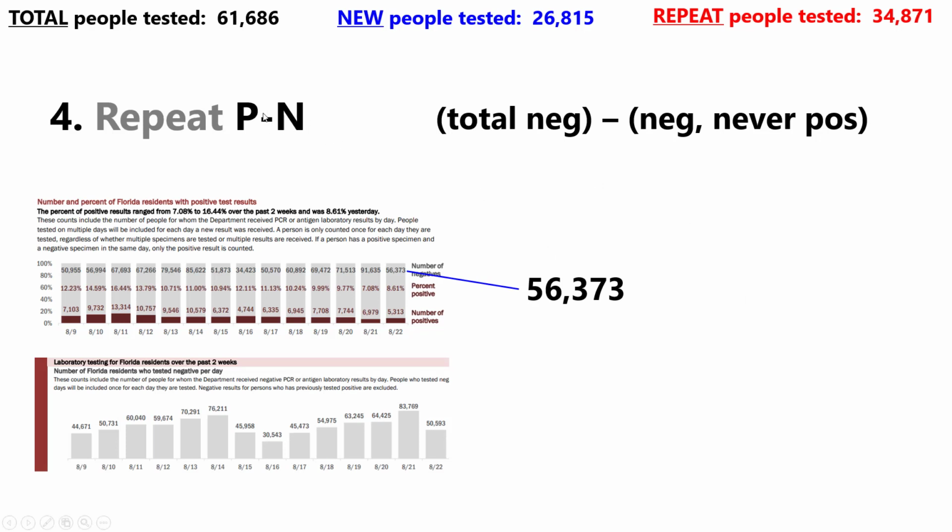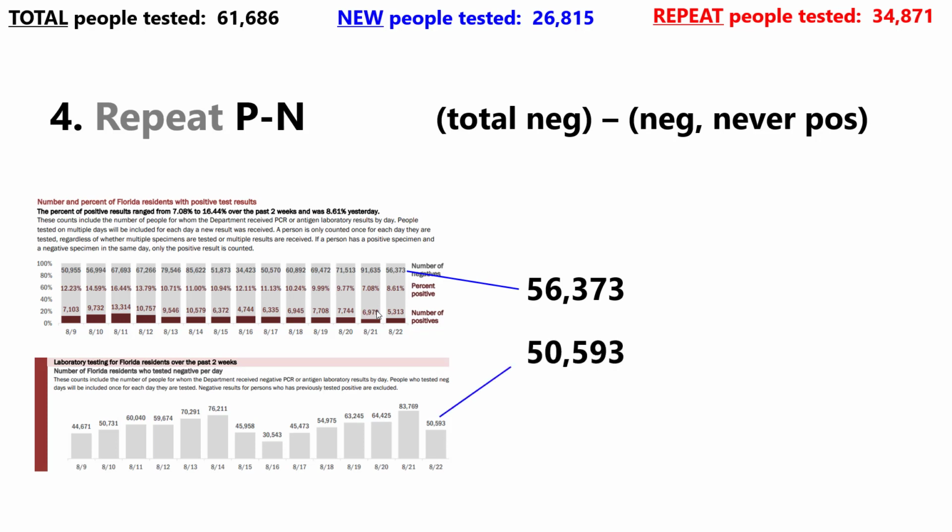That's what this latter half of the positive to negative is, people who tested negative today. So the total number of negative tests is 56,373. I pull that from the statewide report, which tells us here are the Florida residents who tested negative today. And I'm going to subtract from that.